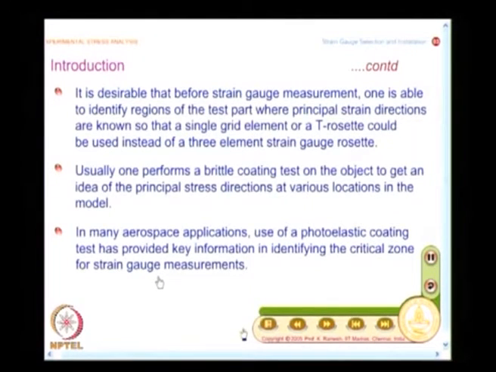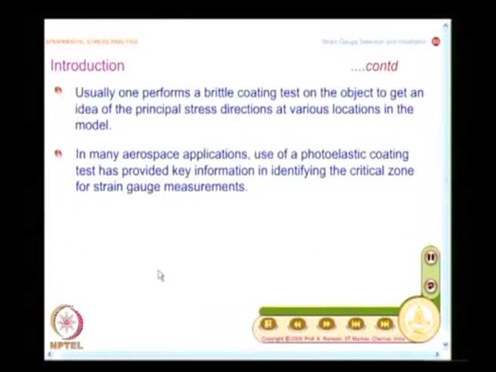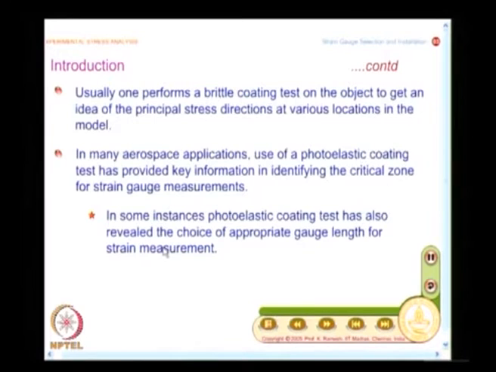Another aspect is, when you are looking at the fringe patterns, the fringe patterns also give an indication of the gradient. If the fringes are very dense, then you have a very sharp variation of strain values. So, you can also make some assessment on the choice of appropriate gauge length for strain measurement.